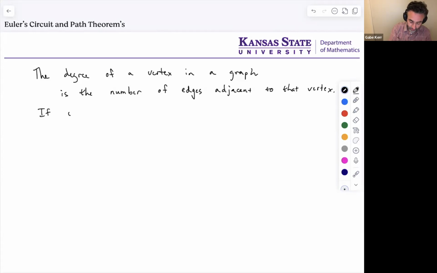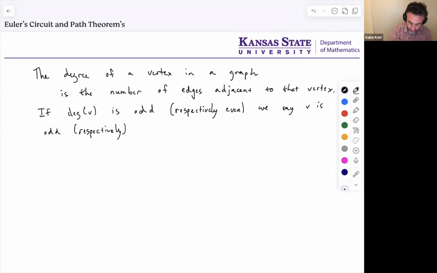So if the degree of some vertex V is odd, or respectively even, we say V is odd or respectively even. That's just some language that we want to have to state these theorems.